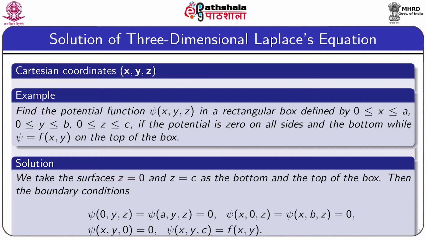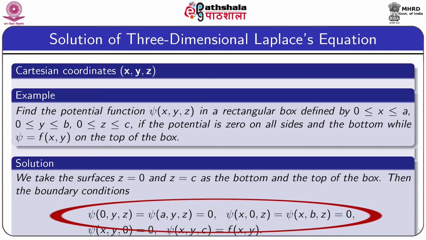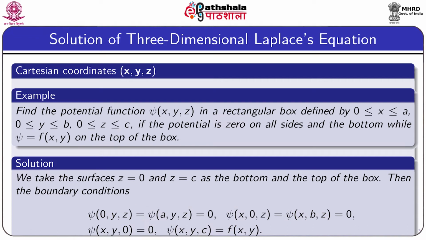If psi represents the potential function, which is a function of x, y and z, psi at x equals 0 is equal to 0, psi at x equals a is 0, psi at y equals 0 is 0, psi at y equals b is 0, and psi at z equals 0 is 0, but psi at z equals c is a function of x, y which is represented by the function small f.